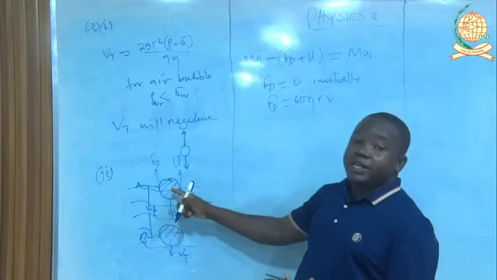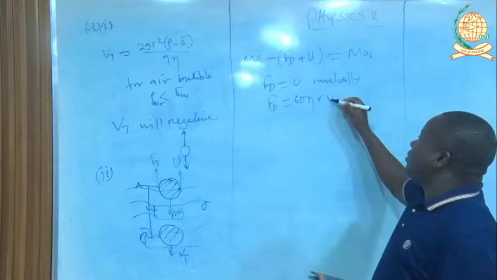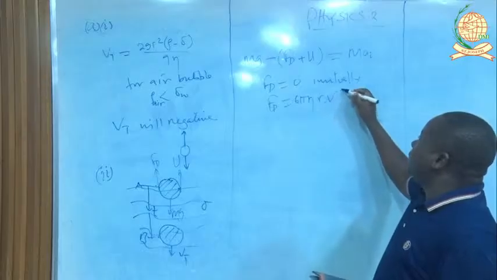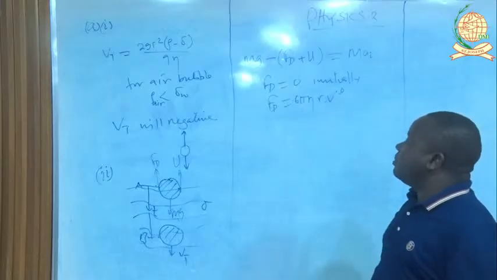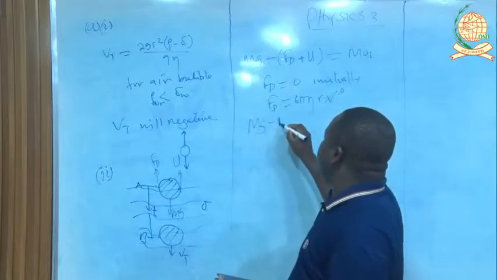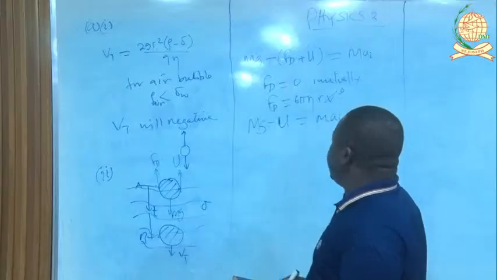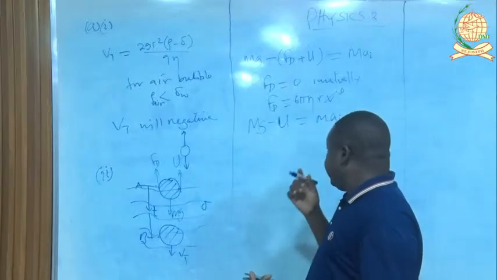So the moment you release it on the surface, velocity is 0 because it is starting from rest. Then everything becomes 0. So the weight minus upthrust is equal to mass times the initial acceleration.